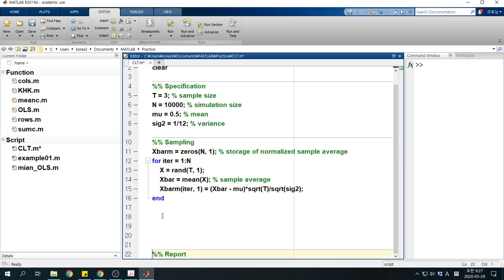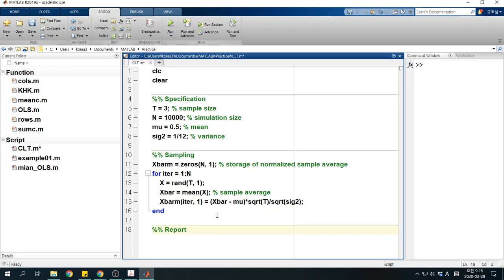Here we would like to plot the histogram of x bar. Okay, let me run it.